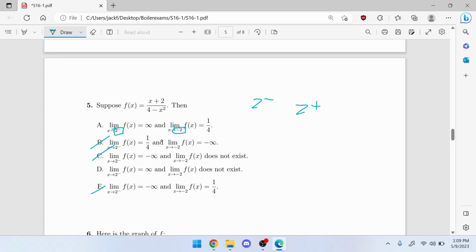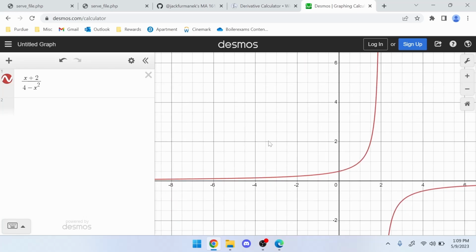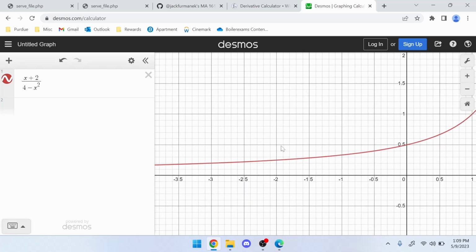So now we just have the other limit to worry about, as x approaches negative 2. So we'll look at that as x approaches negative 2 here. Oh, right, there's a discontinuity there.